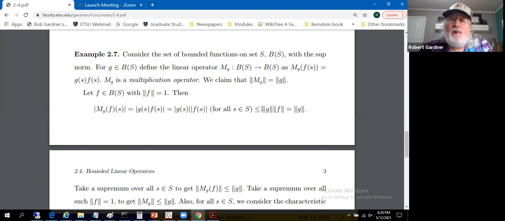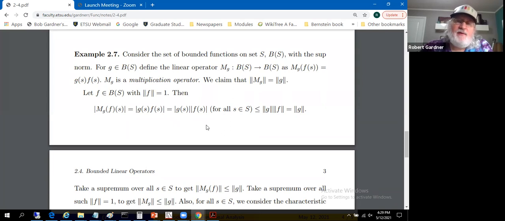What's the norm of G? Sup norm, because we're taking G from this B of S space. Well, the sup norm is greater than or equal to the absolute value of G of s for any s in set capital S, because a sup norm is defined as the supremum of all of these as s ranges over set capital S. So the norm of G is greater than or equal to one of these specific values.